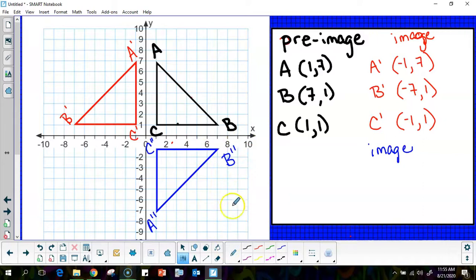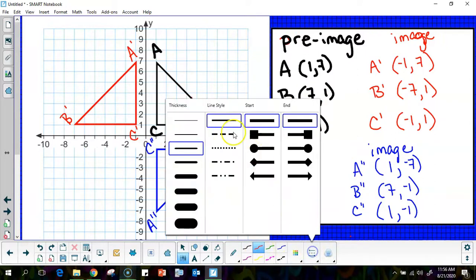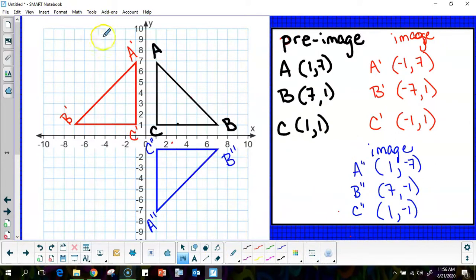So let's talk about what those coordinates are. So, okay, what happened this time? When we went across the x-axis, it looks like the y's changed to their opposite. So maybe we can talk about some rules here. So when you reflect across the y-axis, let me change this to red because that's what we did. The red one is across the y-axis.